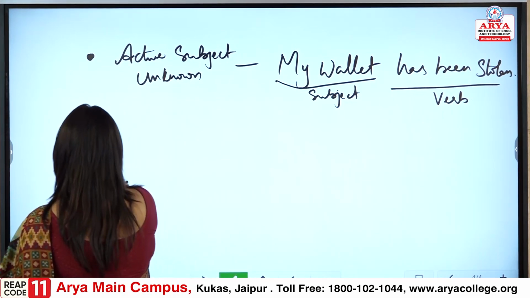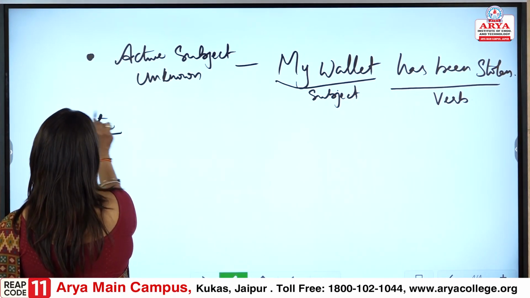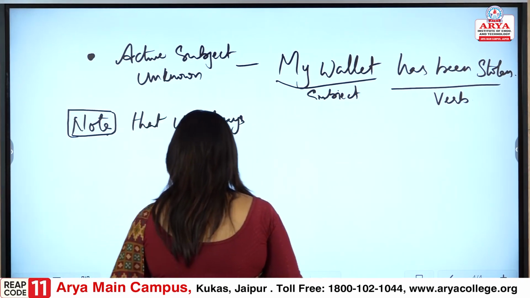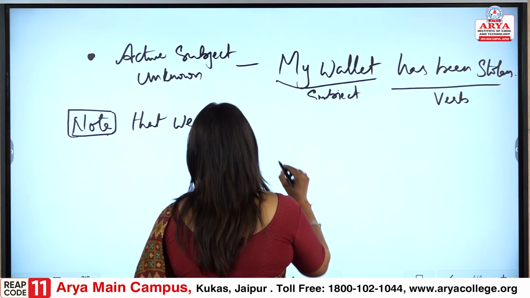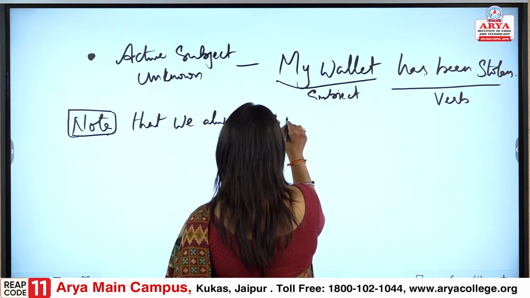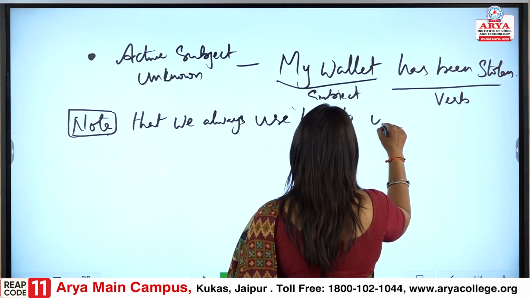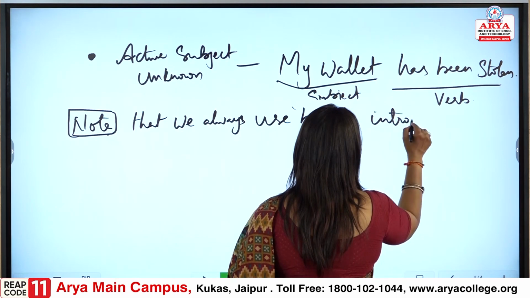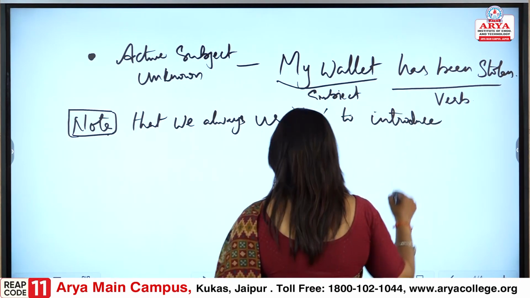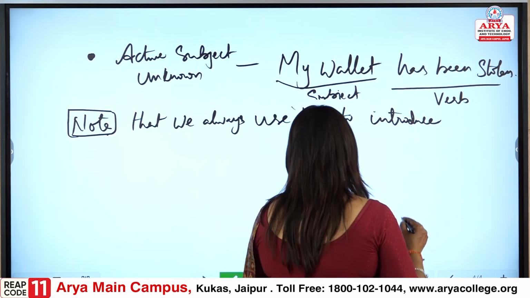Now, note a point, this is very important: we always use by to introduce the passive object.